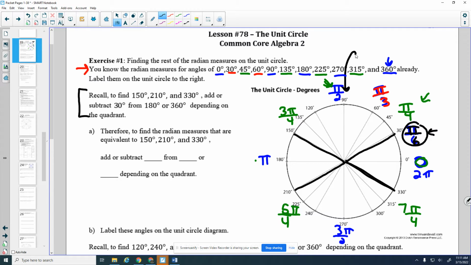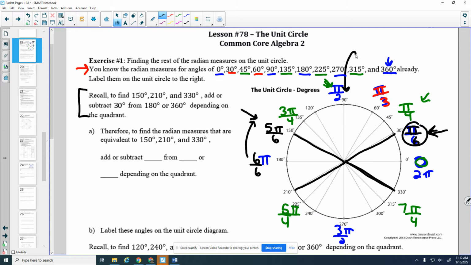So if I want to get what goes with 150, I'm going to think about the fact that this pi over here, if I wanted to make a fraction with a 6, that would be 6 over 6. 6 over 6 is equal to 1. If I subtract 1/6, so if I take 6 over 6 and subtract 1/6, that gives me 5/6, or 5 pi over 6.